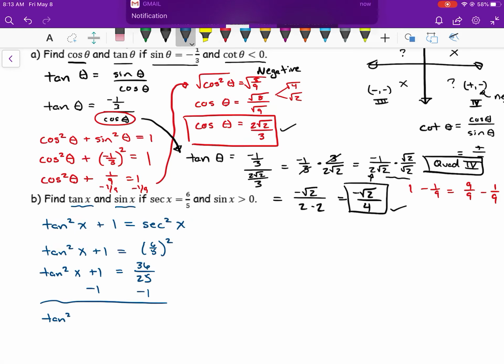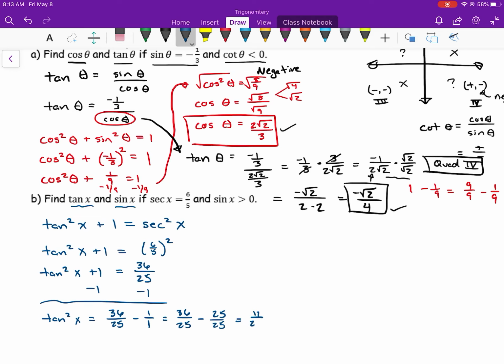So tangent squared of x is equal to 36 over 25 minus 1. That's 36 over 25, with common denominators, minus 25 over 25, which is 36 minus 25, which is 11/25.